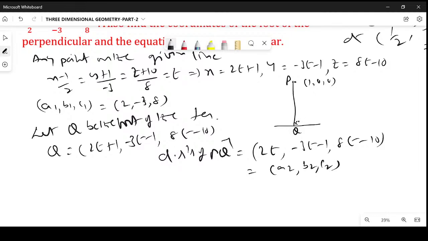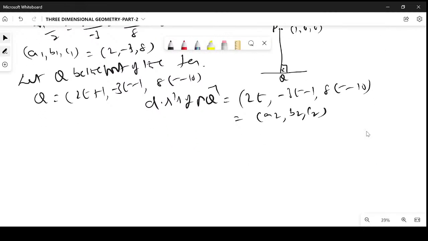But PQ is perpendicular to the given line. Since PQ is perpendicular to the given line, I can write a1 a2 plus b1 b2 plus c1 c2 equal to 0.